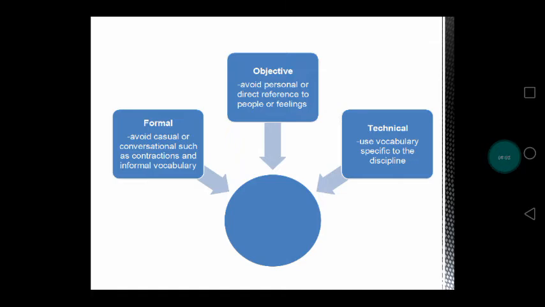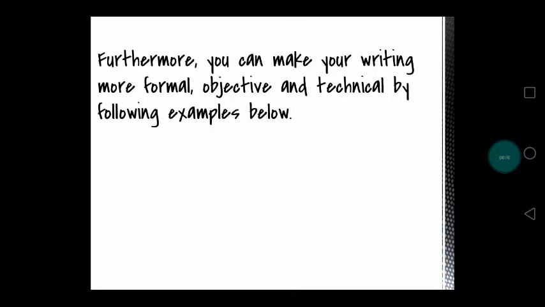For objective, avoid personal or direct reference to people or feelings. And the last one is technical: use vocabulary specific to the discipline. Furthermore, you can make your writing more formal, objective, and technical by following the examples below.